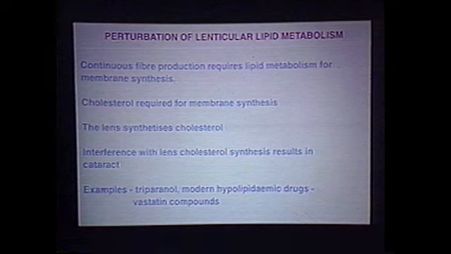And certain substances, even though they're not meant to be hyperlipidemic drugs, do have as a side effect interference on the normal metabolic processes of cholesterol. So this is quite an important mechanism of cataractogenic formation in toxicology.